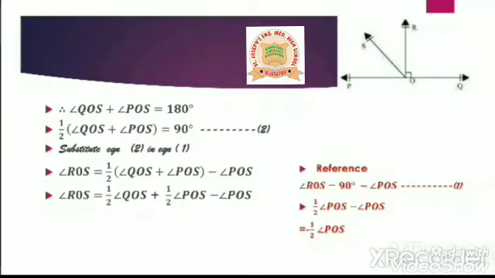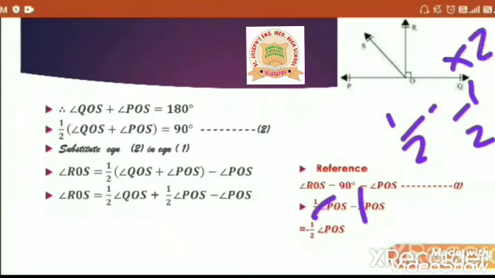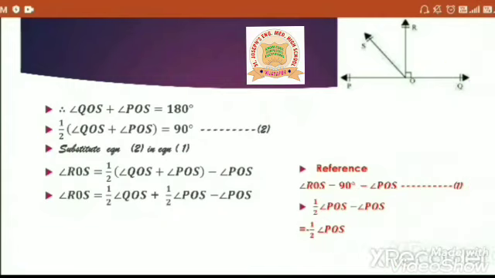Similarly, half minus 1 will give minus half. If you take the LCM, this becomes 2, this becomes 2, so 1 minus 2 divided by 2, so minus 1 by 2. So similarly, what we have written is minus 1 upon 2 POS.